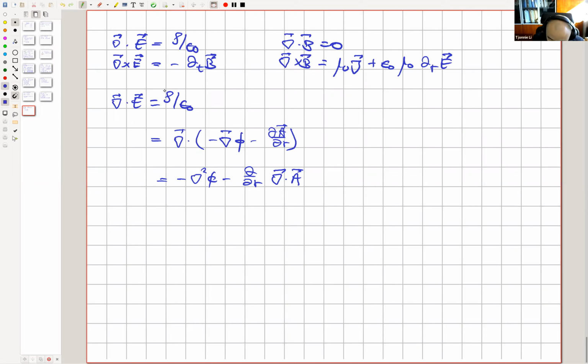So if you will, I can now write Laplacian of phi equals minus rho over epsilon naught minus partial t of A. Sorry, divergence of A.